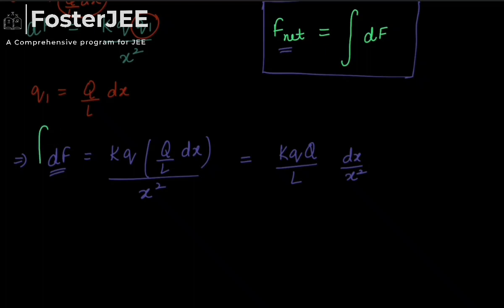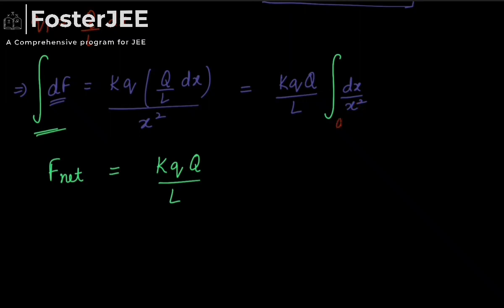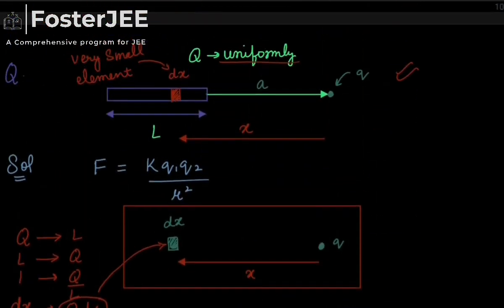So we will use integration here, and also here, since this is a constant term. Now what is the value of integral dF? It is F net, the net force. So the net force which we want equals k q q upon L. Now carefully see the limits. When the value of x was a, that is only this much.